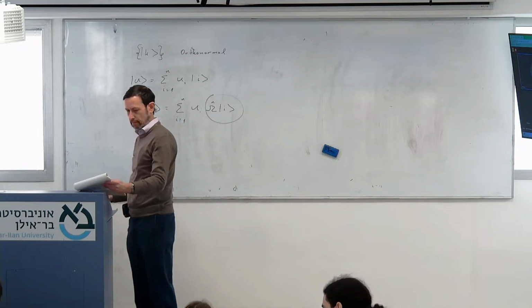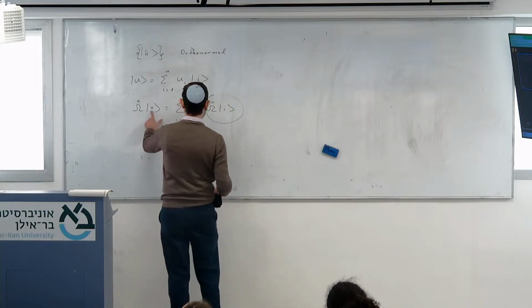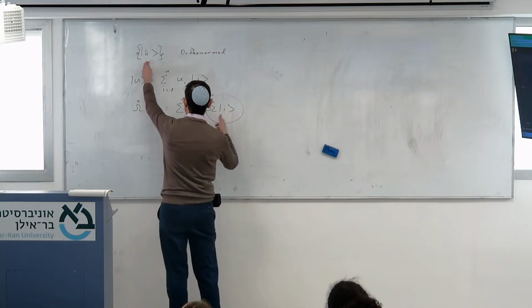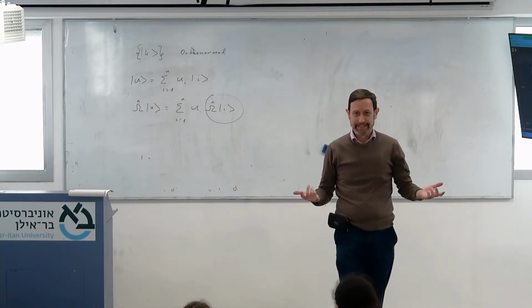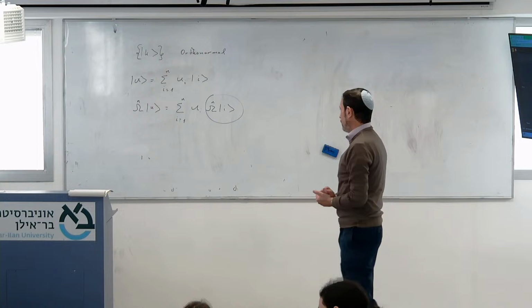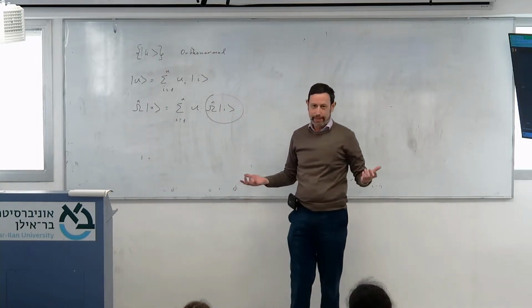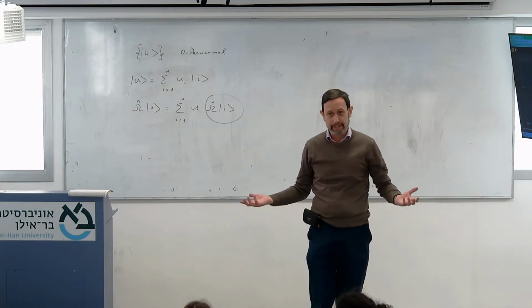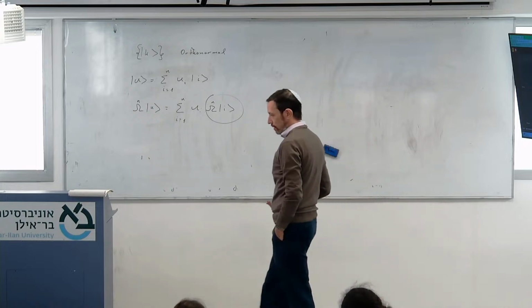Should it be I or K? This is U, this is I. K or I, it doesn't matter. It's easier for you to replace I with K, that's fine, but since it's a silent index, it doesn't make any difference.